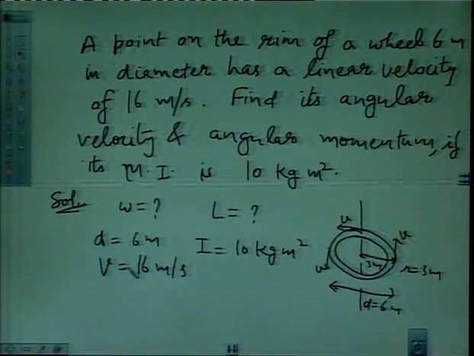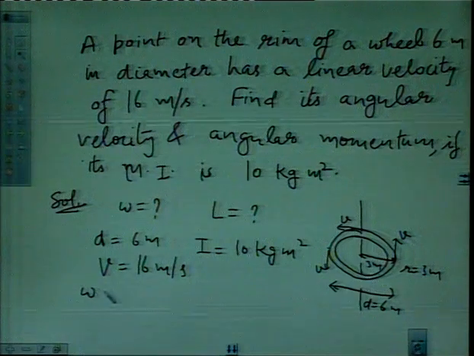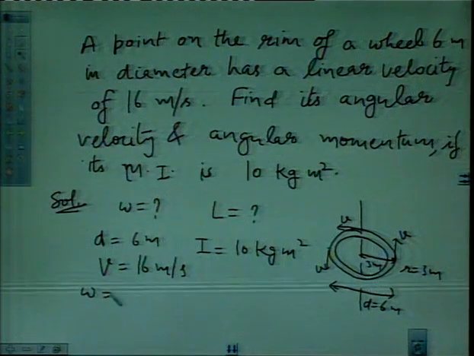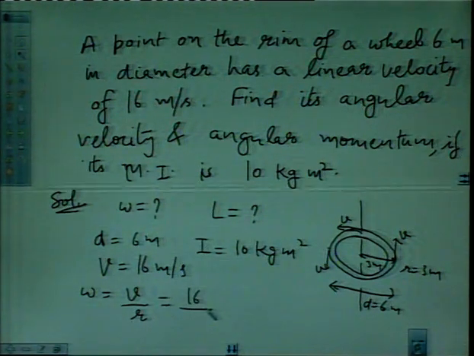So, first of all we will find its angular velocity omega. As we have the relation between linear velocity and angular velocity, omega is equal to v upon r. So, the velocity is 16 and radius is 3.